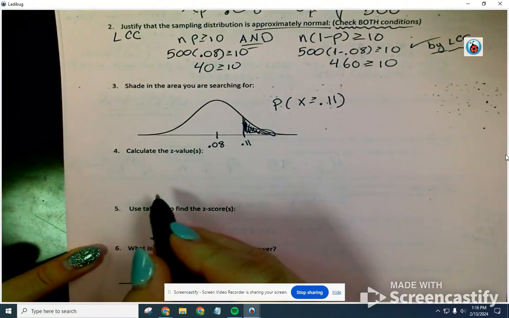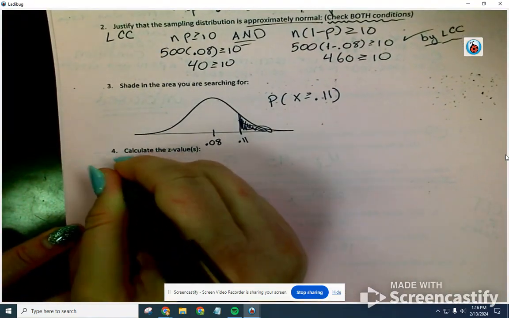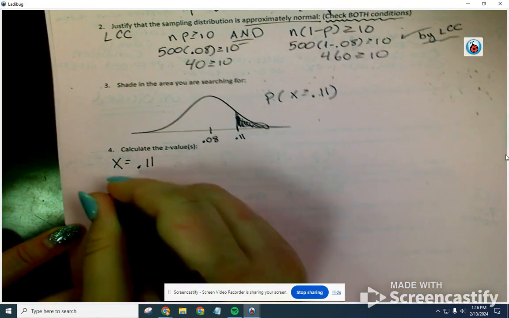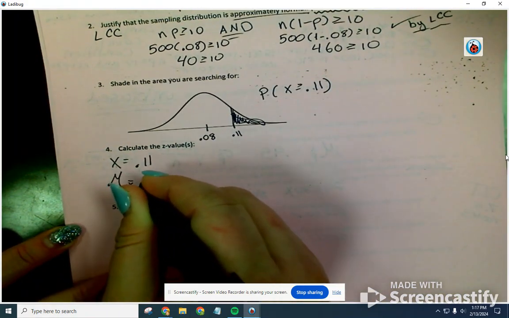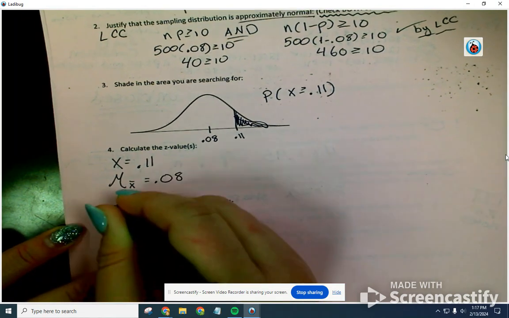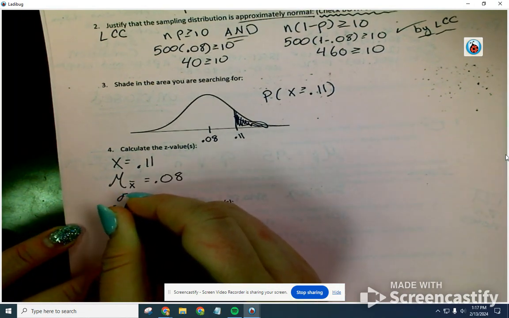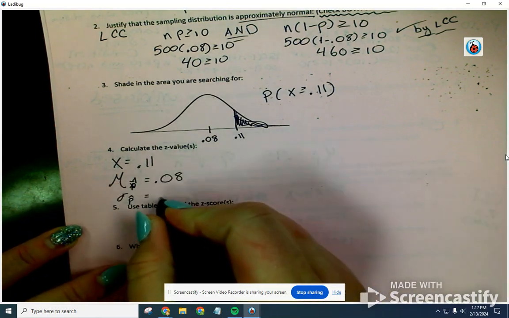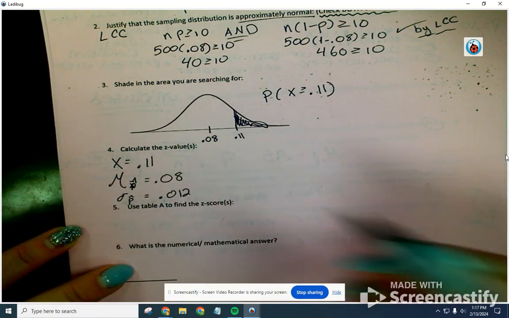Moving on, it says to calculate the z-value. So we know that x is the value that we're looking for, so 0.11. We know that the mean is 0.08, and the standard deviation, those are supposed to be p-hats. The standard deviation is 0.012.